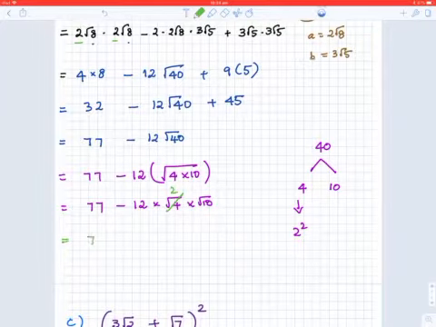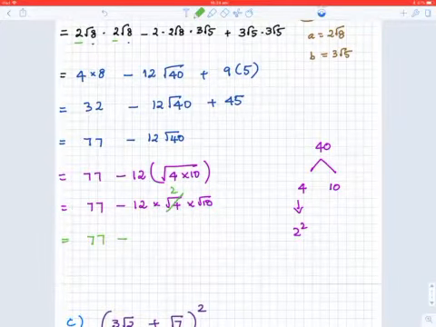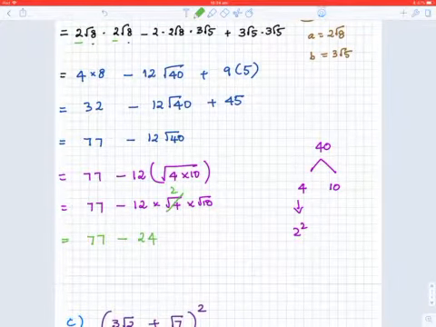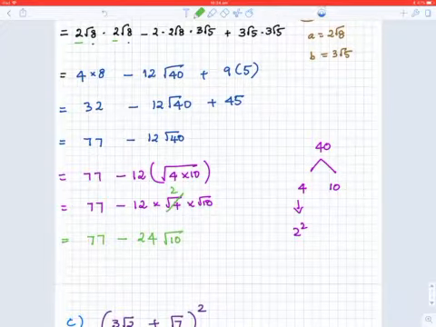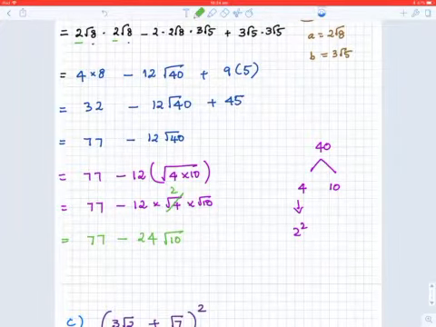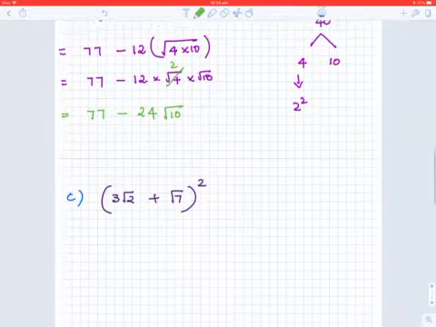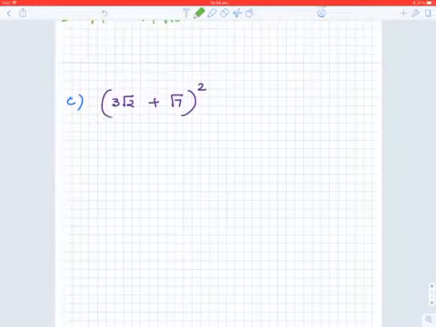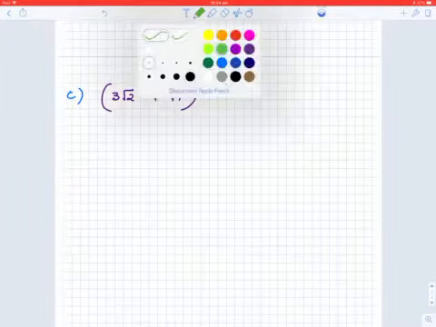So therefore, next line I'm going to write this as 77, take away 12 times 2, 24 root 10. So this is the final answer. You cannot leave this as root 40, because root 40 can be simplified. Okay, so this is your final answer now.